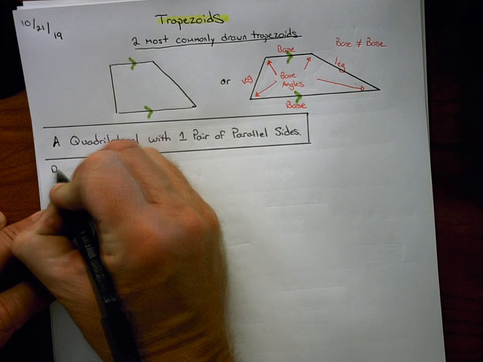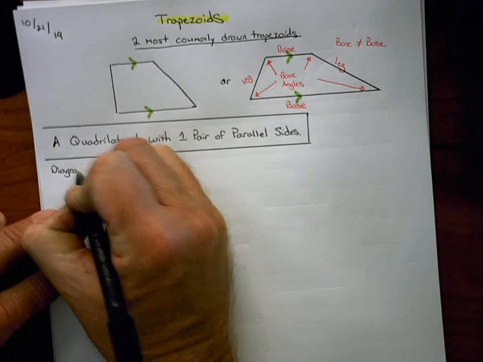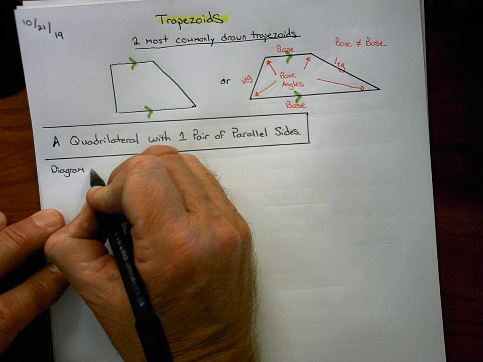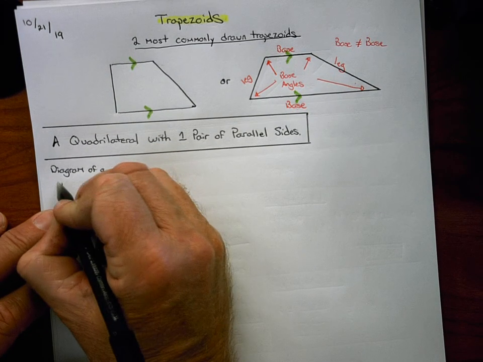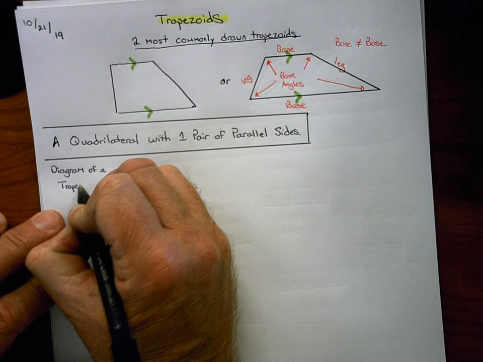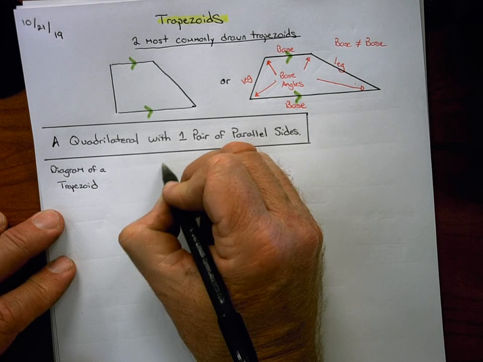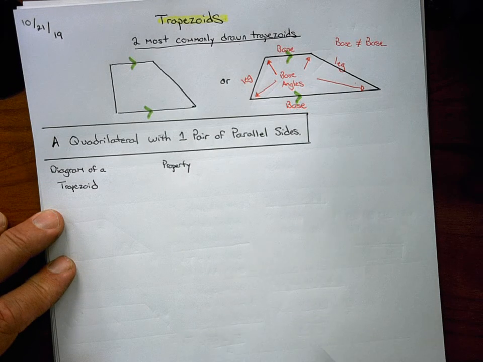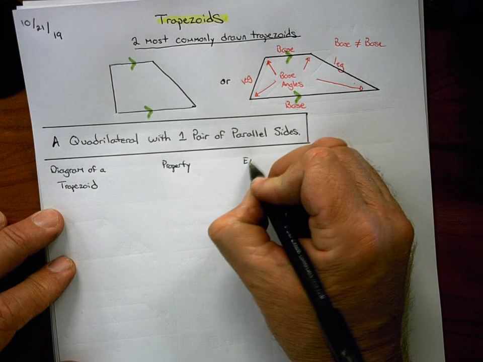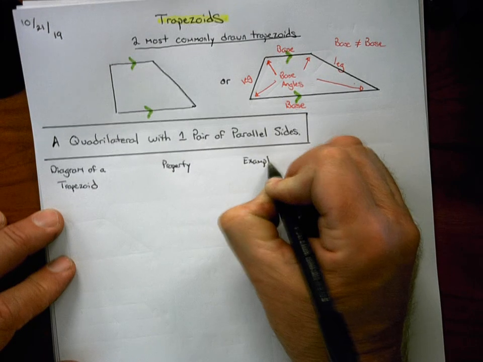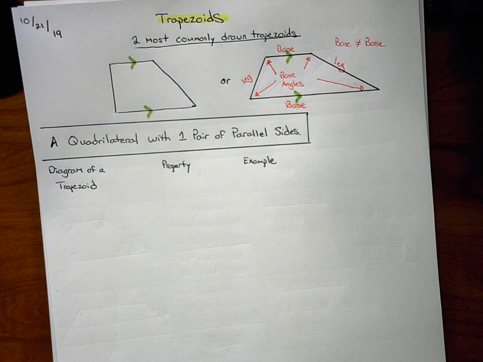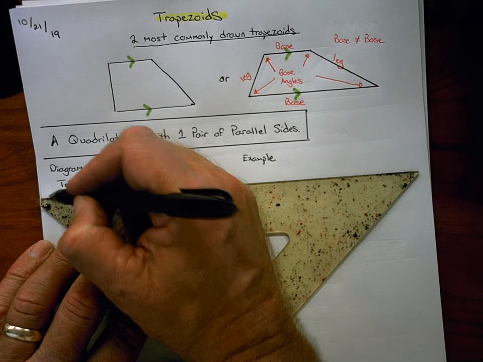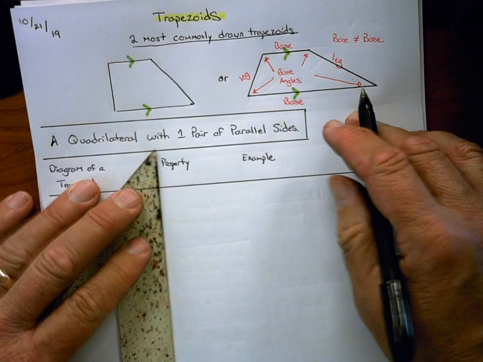What we're going to do is follow the same format of the notes that we've been doing with all of our four-sided shapes. We're going to draw a diagram of a trapezoid, discuss a particular property about a trapezoid, and then do an example where we apply that property.